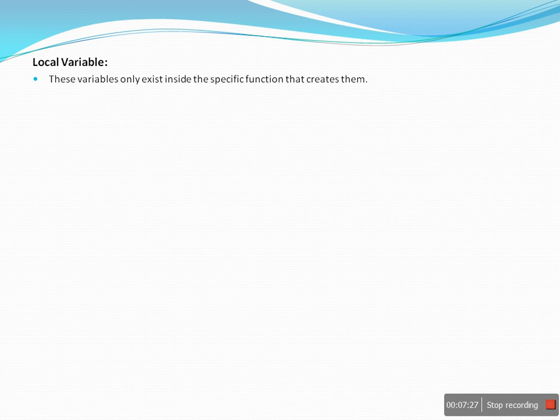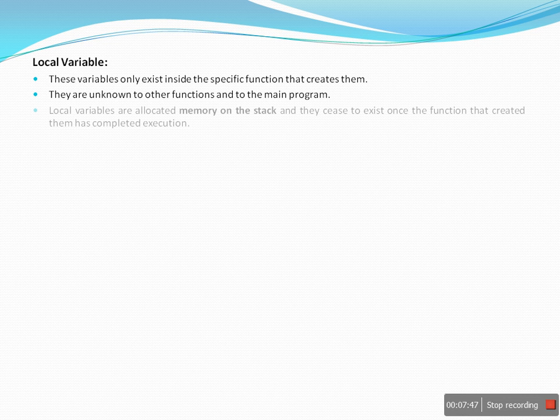These variables only exist inside the specific function that creates them. Fine. Second property, they are unknown to other functions and to the main function, meaning their scope is local to the function. Now local variables are allocated memory on the stack.